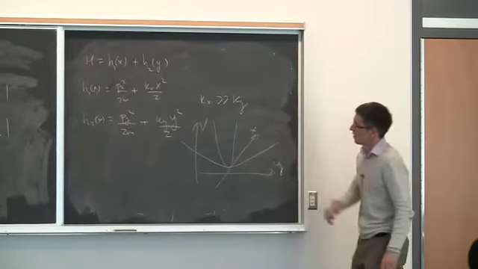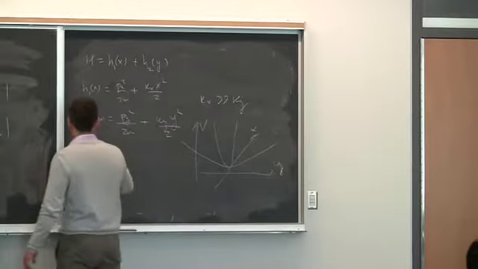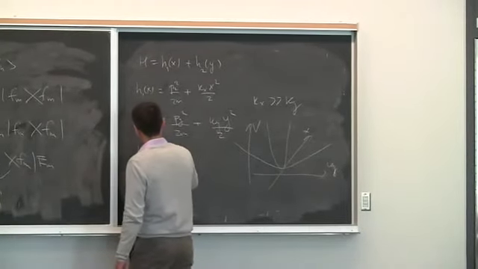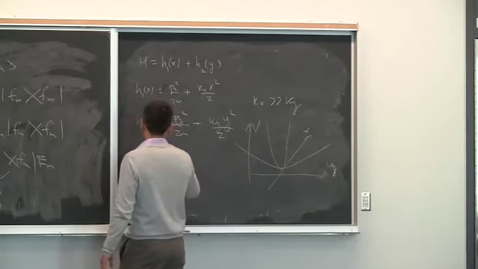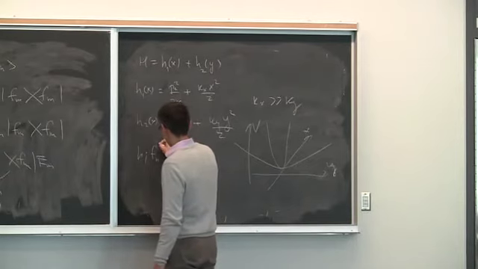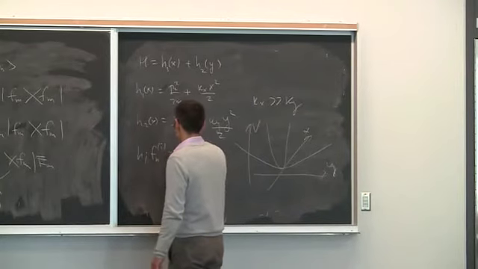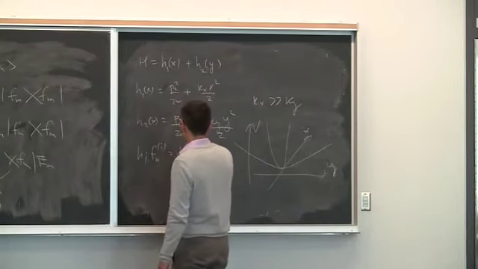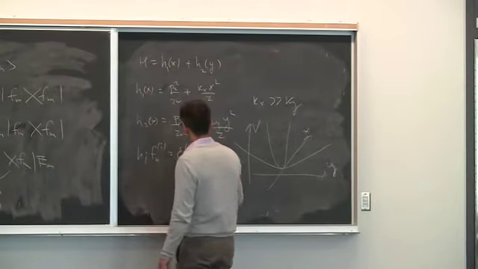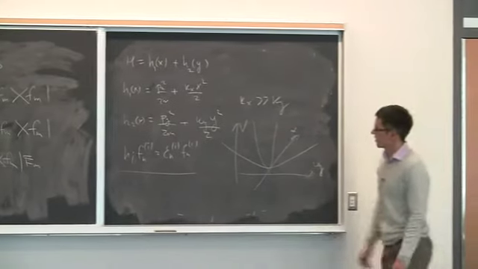Okay. Now we have these two variables, and for each we can solve our harmonic oscillator problem, and so we get the solutions. Then we can represent our Hamiltonian.